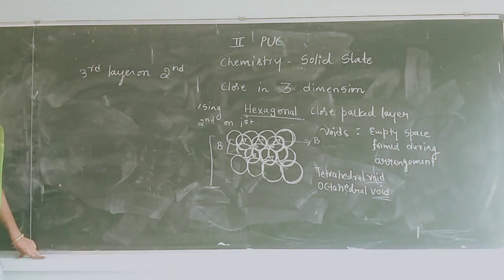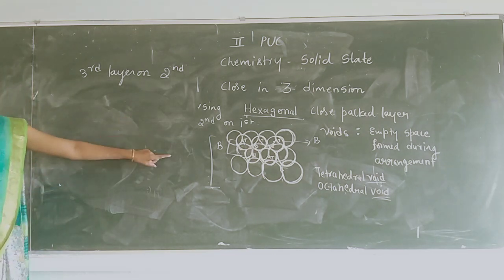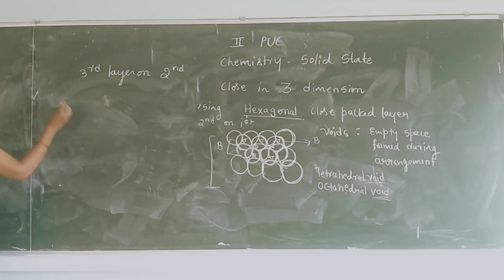Placing the third layer on the second layer means you already have the two types of voids in the second layer, tetrahedral and octahedral. Imagine what happens when you place the third layer on the second layer. There are again two possibilities: one is the spheres covering the tetrahedral void, and the other is the spheres covering the octahedral void.